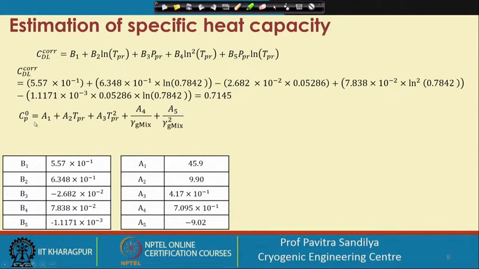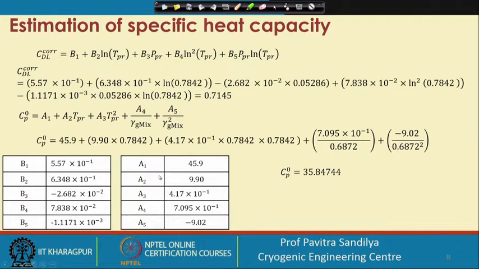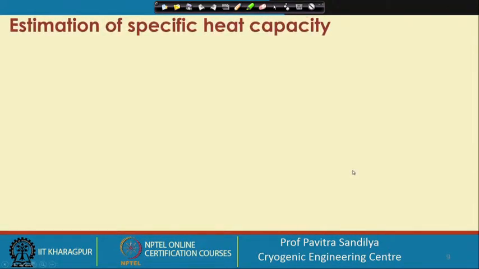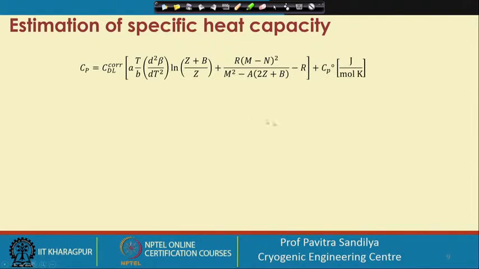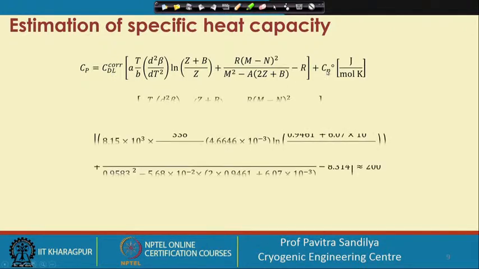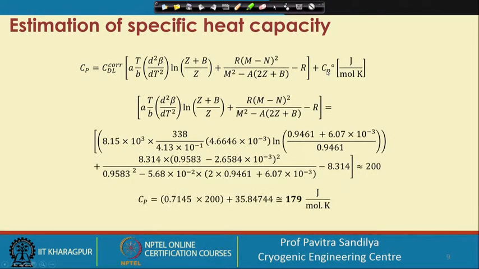And again in this we have another Cp naught, which is given in terms of the A1, A2, etc., which is taken from this particular table, and then we get the value of the Cp naught as this, and ultimately we get the Cp naught for the ideal gas, and for the real gas we apply the correction factor to the ideal gas Cp, and we get this particular value as joule per mole per Kelvin by inputting the various parameter values.